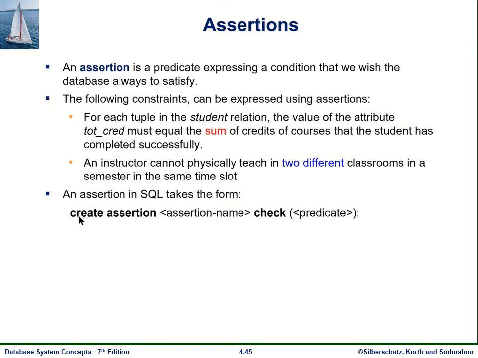Next, how to create an assertion? It is just like create a table, create a view. So you use the keyword create assertion, then you give a name to it, and then check. And then in this one, you will just write the predicates. So this can have a subquery, can be a complicated one.